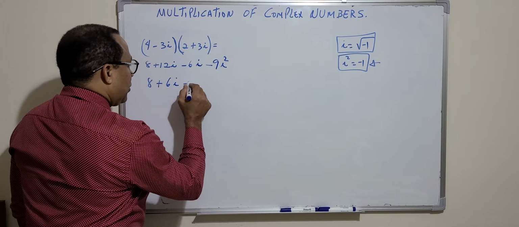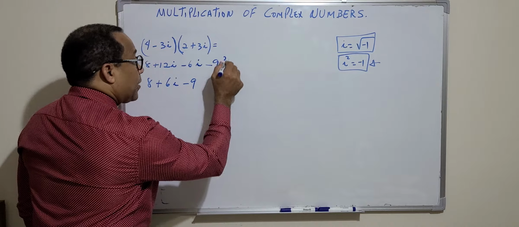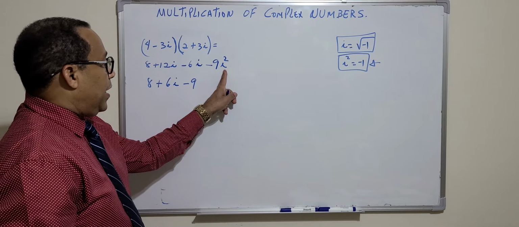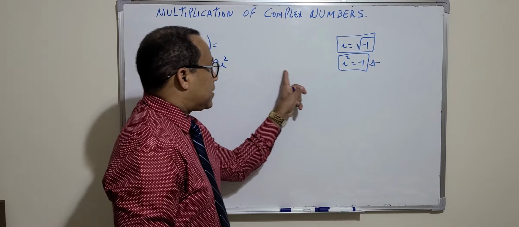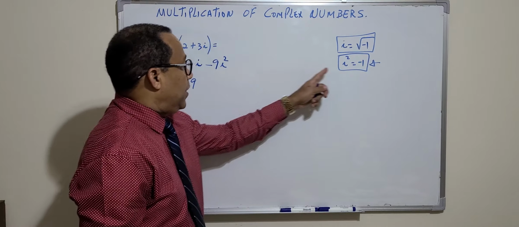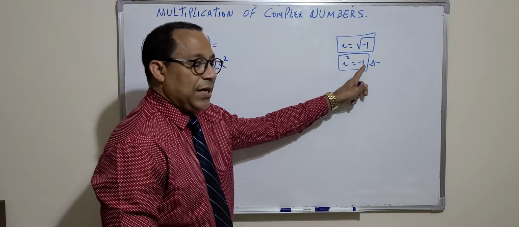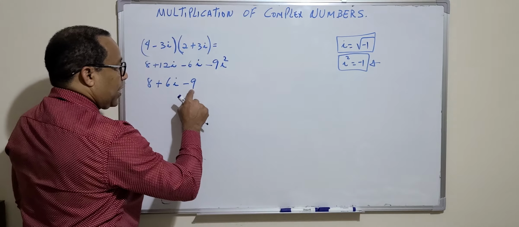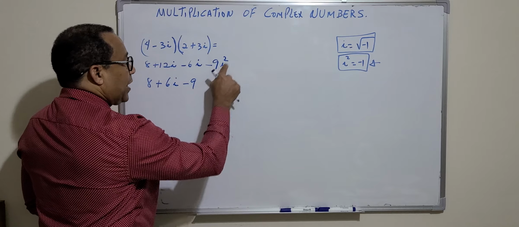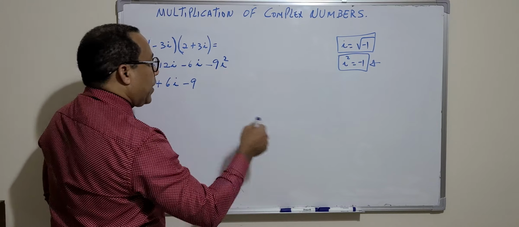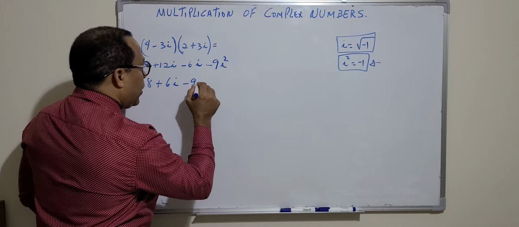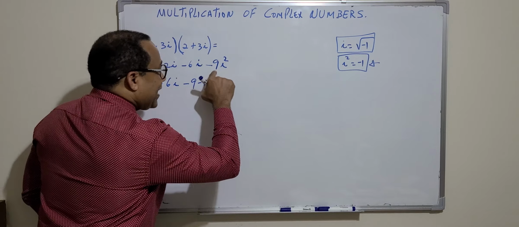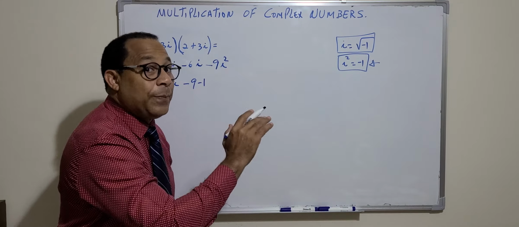And then I'll bring down the negative 9i to the second, but here I stop because I know that I have with me this information which tells me that i to the second is the same as -1. So when I bring down the 9, instead of writing i to the second again, I'm going to replace the i to the second with -1. But not like this, because this represents a multiplication.